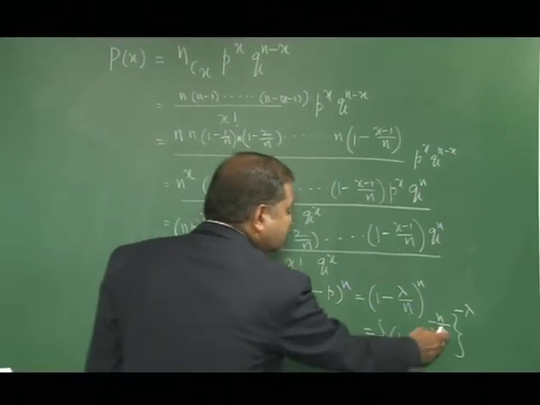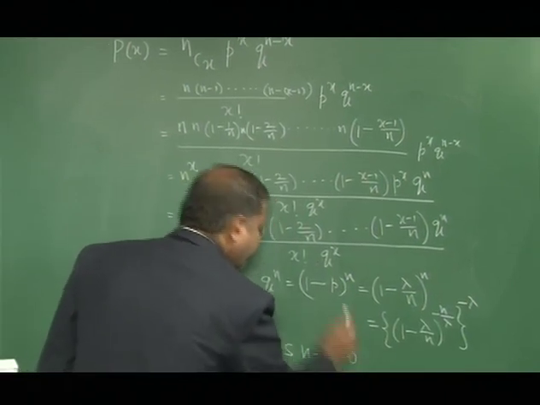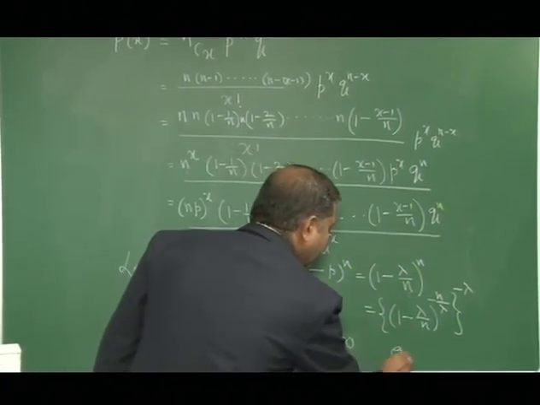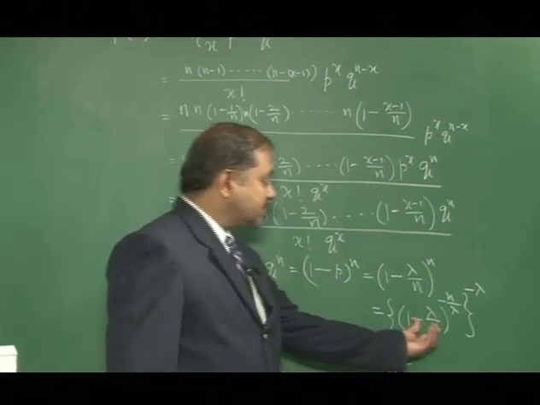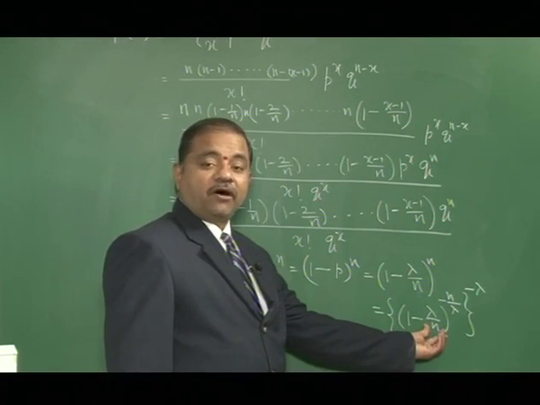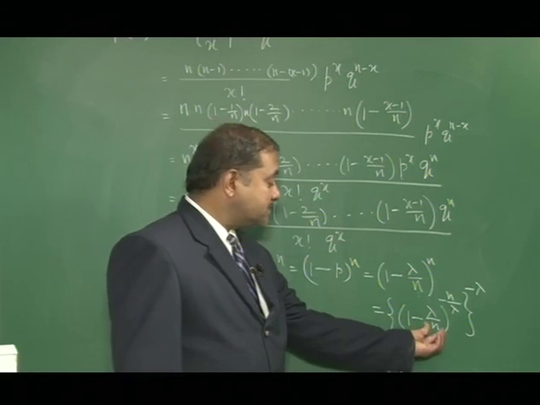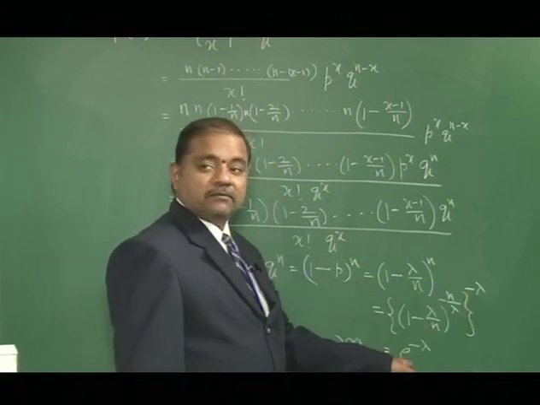As n tends to infinity, this limit is e power minus lambda, because this value is e. In the first semester indeterminate forms or second semester indeterminate forms, you learn that this limit is e. So e power minus lambda.